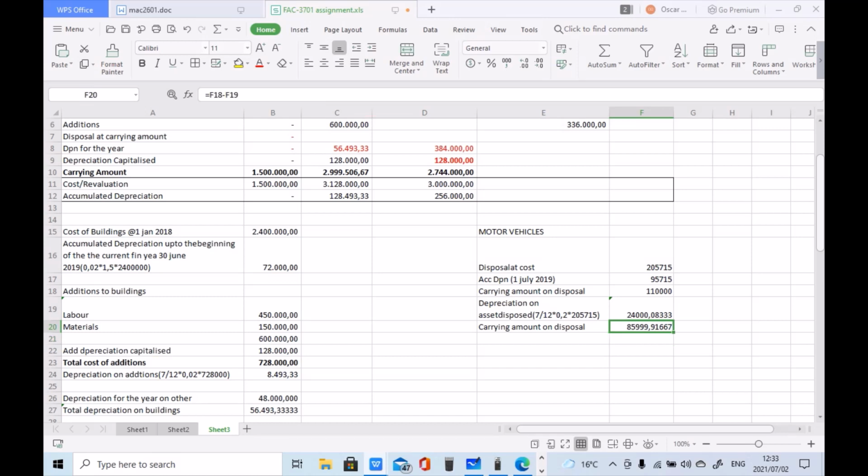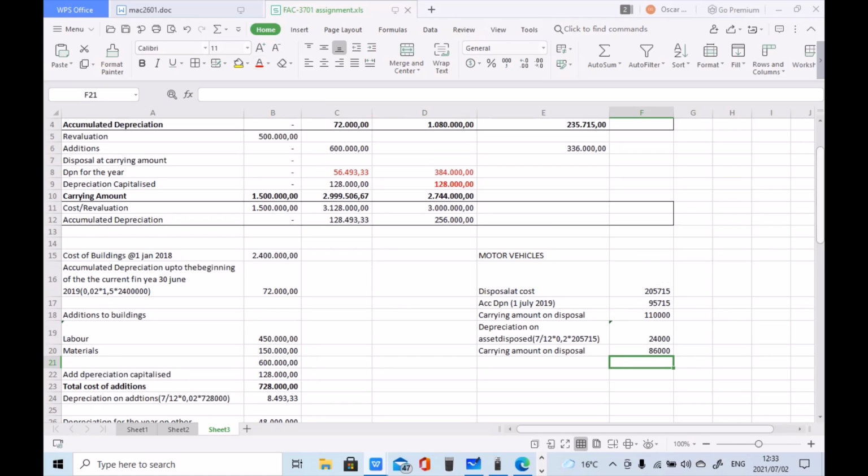Okay, so because I don't like the zeros, I'm just going to take out the zeros. So the disposal was 86,000 there. So we're just going to put that in disposals at carrying amount, which is going to be 86,000. All right.